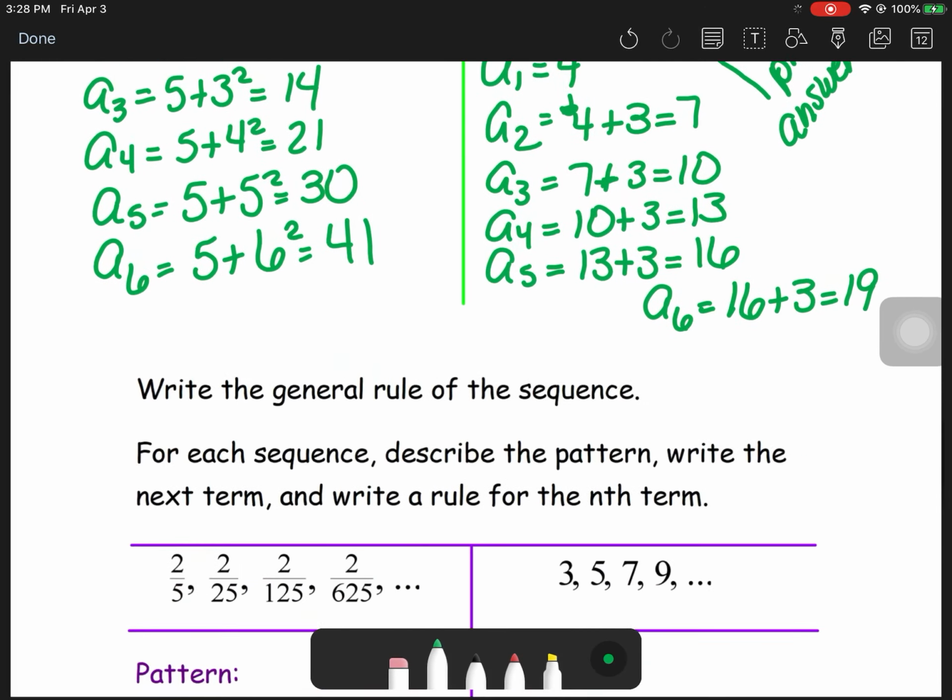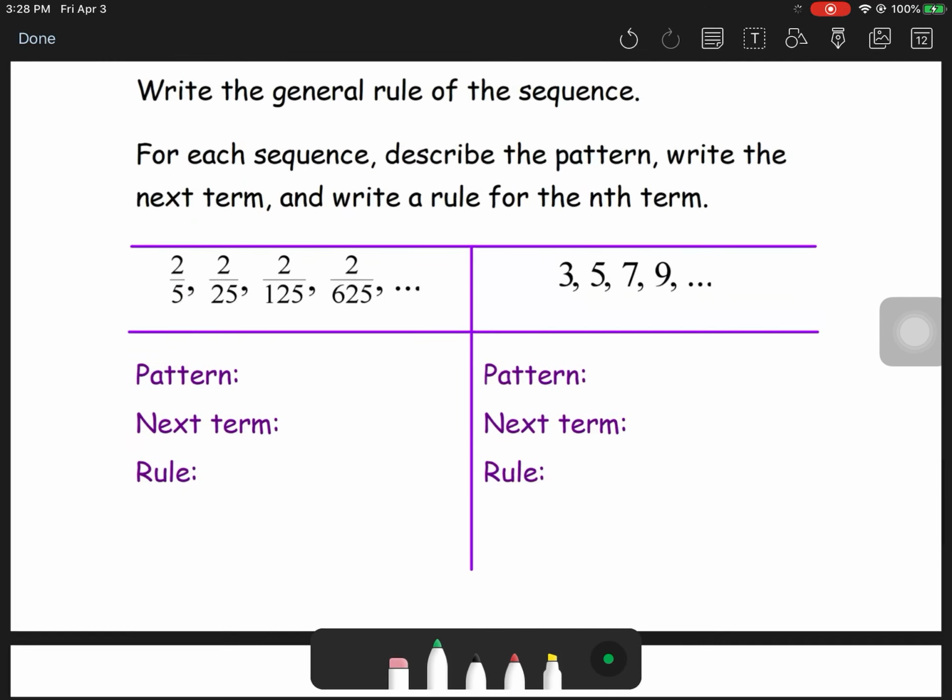All right, so now can we practice writing rules? So let's take a look at our first example. Notice the pattern in this example is that in the top, the numerator, the 2 is always the same. Then the bottom, remember we're going to label this as what number or position are we in?